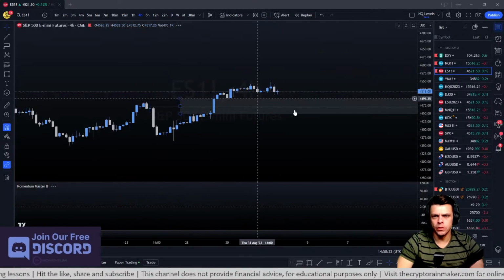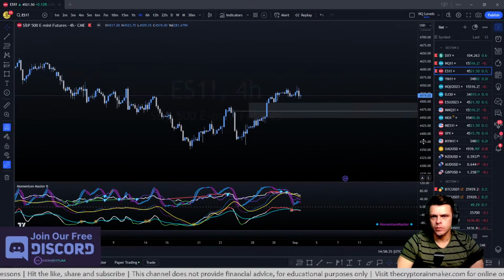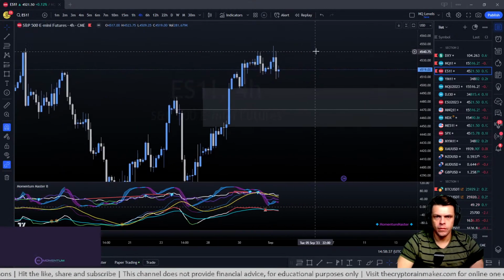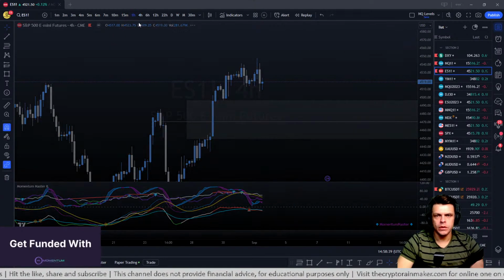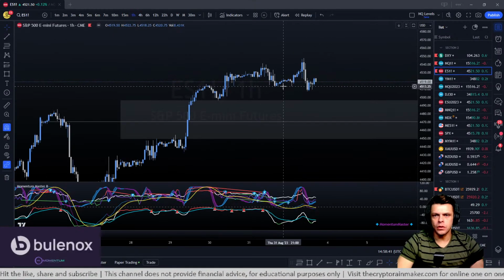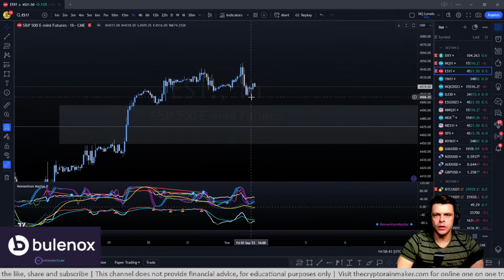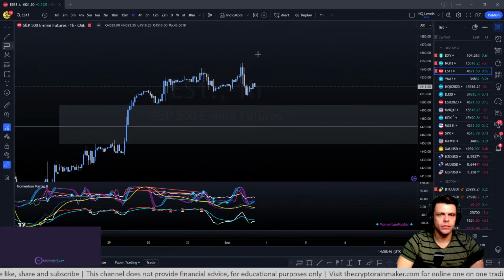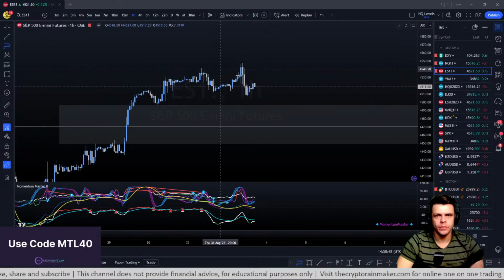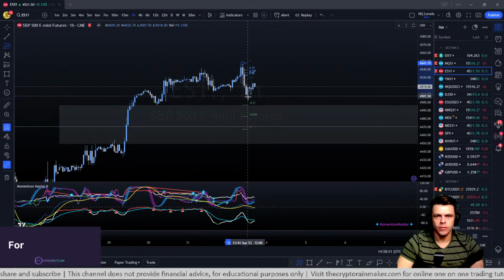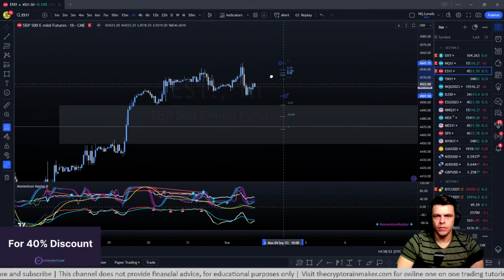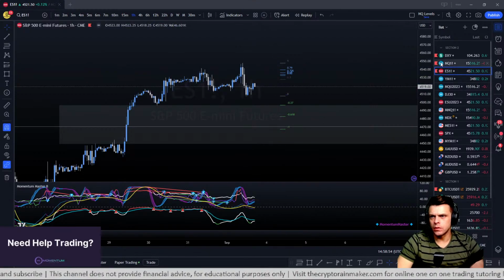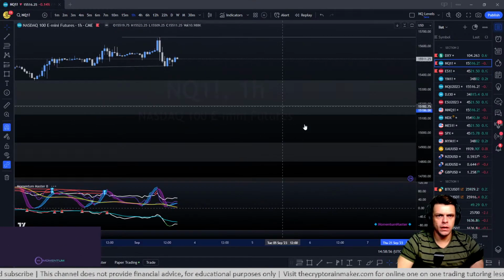Quickly have a look at the 4 hour. Okay, so the 1 hour also has the market structure shift. Get a fib on this. Okay, so I just want to quickly go back to the Nasdaq.